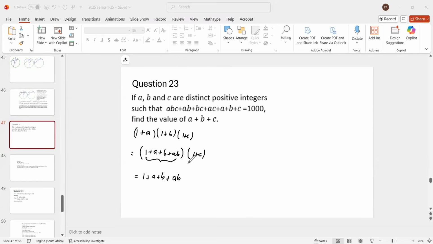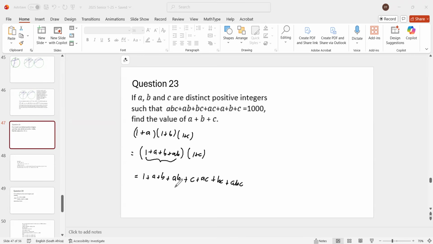Right? And this whole thing times C. So multiply every one of them by C. I'm multiplying each of these by C. C times 1, C. C times A, AC, and so on.